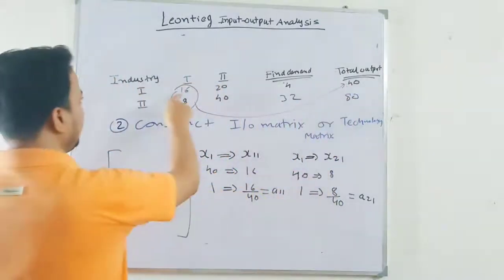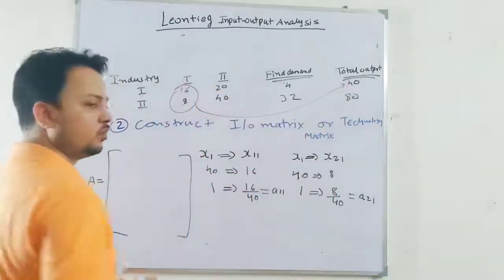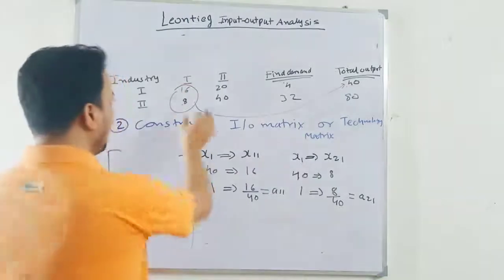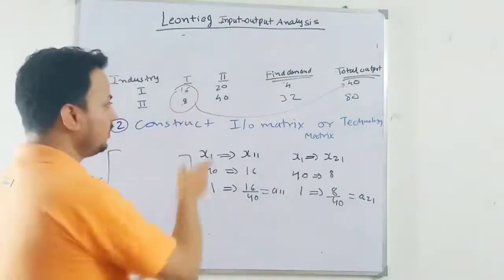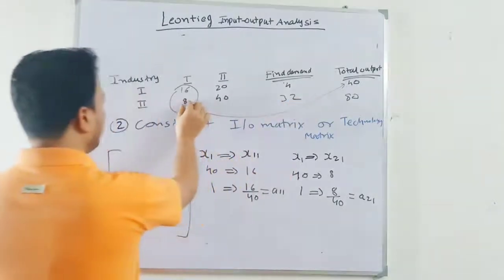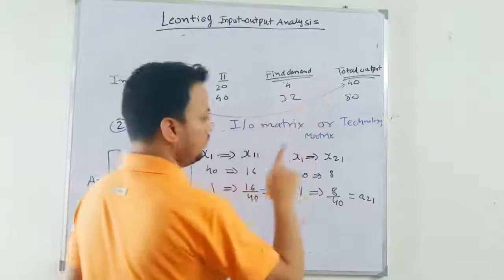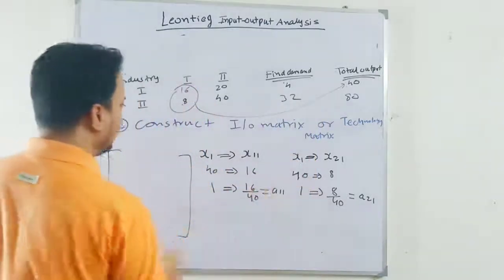So I divide this by 40, okay? I will get my technology coefficient, okay? How much input I required from industry 1 for 1 unit of output of industry 1, how much input I required from industry 2 when I am producing 1 unit, okay?